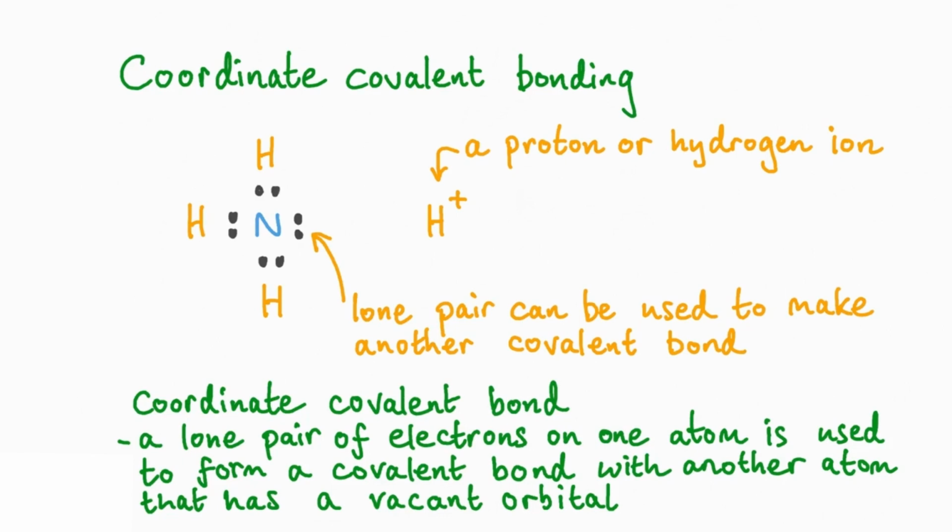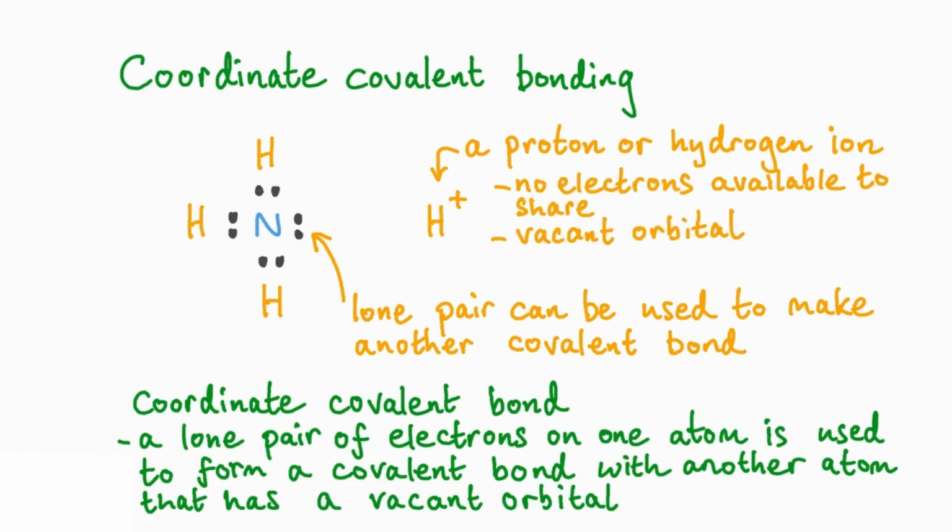The atom donating the electron pair into the coordinate covalent bond is called the donor atom. The atom receiving the electron pair must have a vacant orbital. In this case, the proton or H+ ion can accept the lone pair of electrons into its vacant orbital. The H+ ion does not have any electrons available to share.